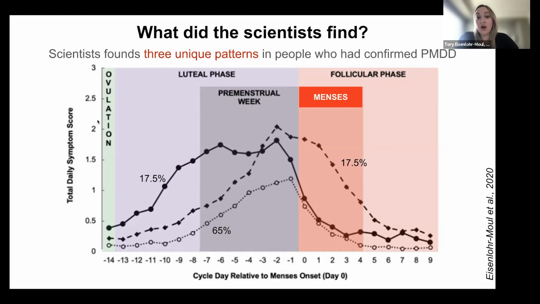They show changes in the expression of genes that are related to cellular processing of estrogen and progesterone. And so that may be part of how we then get problems with serotonin, problems with GABA, right? That could be part of the underlying abnormal response.